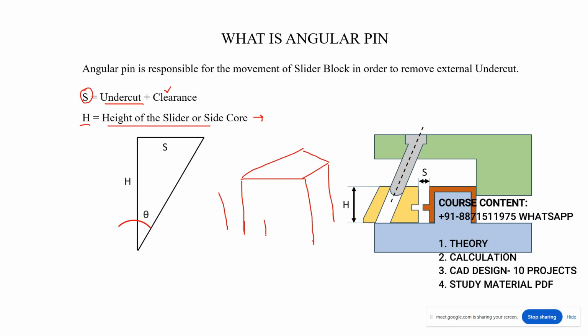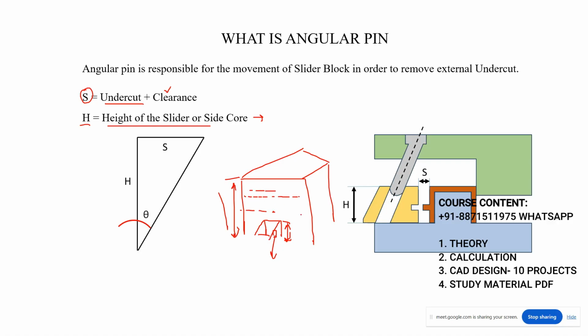like this, and this is the feature in the component. Now I can take the slider height up to this, right or wrong, or I can take the slider height up to this, right or wrong, but we cannot take the slider between these two features, or here or here.